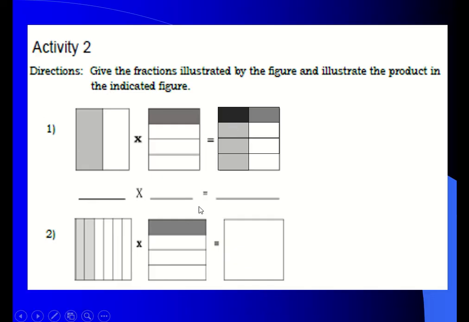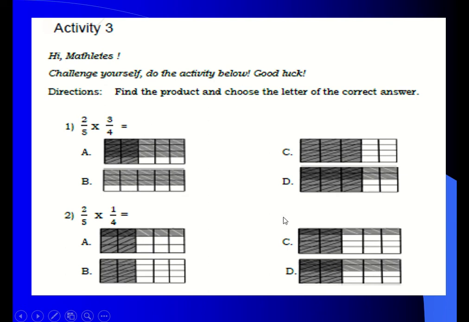Ito yung double shaded. So, ano yung sagot niyan? Kung ito 1/2 times 3/4, ang sagot niyan, 1, then ilang parts ba to? 1, 2, 3, 4, 5, 6, 7, 8. So, this is 1/8. Yun ang sagot dito. Ganyan din yung gagawin nyo for the rest of the activity.